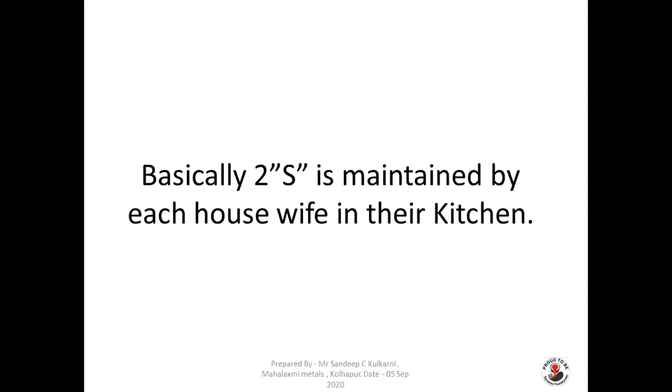So whatever things are required in their daily routine in the kitchen are kept nearer. The things which are not required daily, but once in a while, are kept on the rack, on the top edge. So you can find this kind of thing in your kitchen, followed by your mother, sister and wives. You can learn from them how to maintain this 1S, sorting out, and 2S, systematic arrangement.